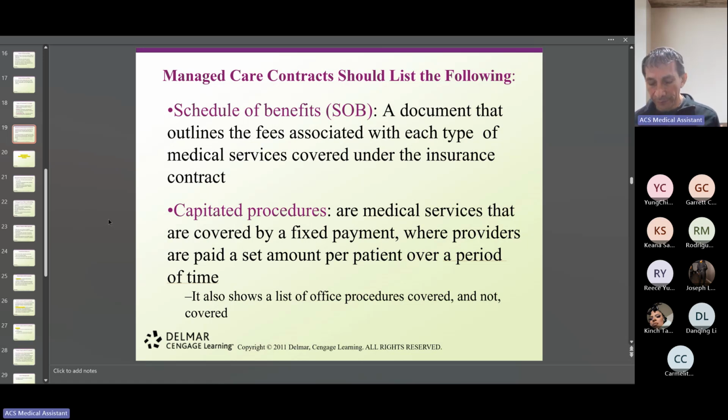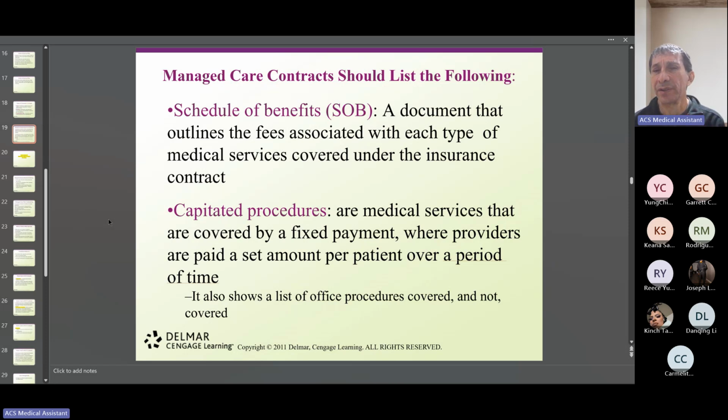Capitated procedures. Now, capitated procedures is different from schedule of benefits. Remember, schedule of benefits is going to tell you what services you are entitled to receive as an insured, as a policyholder. That is basically what it is.